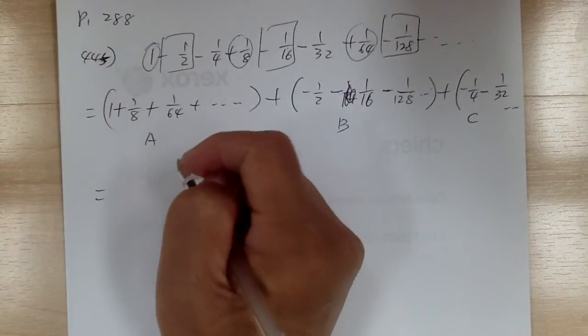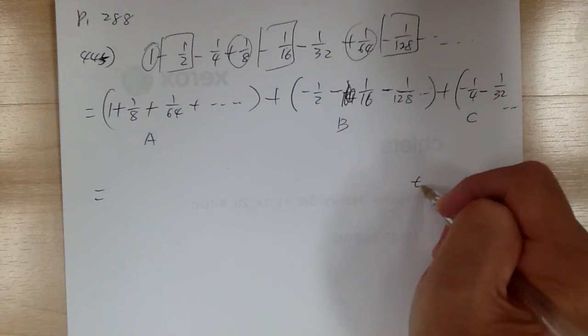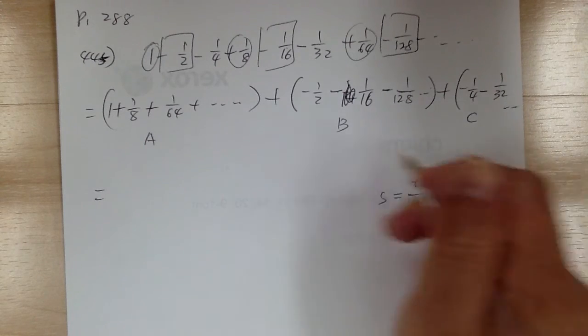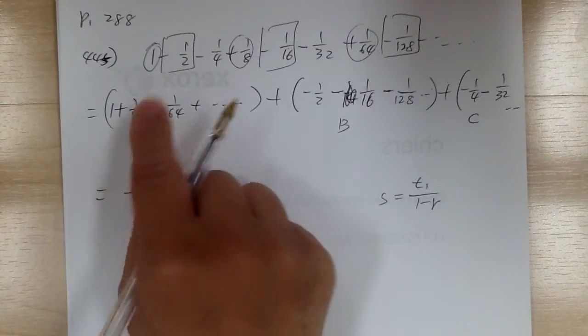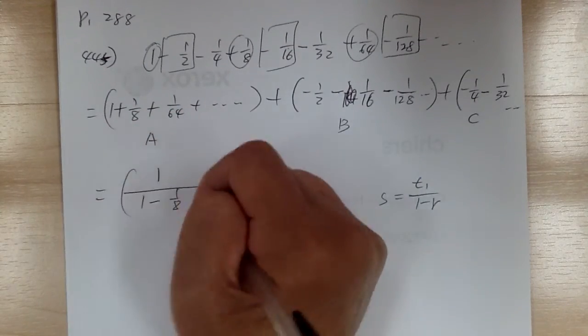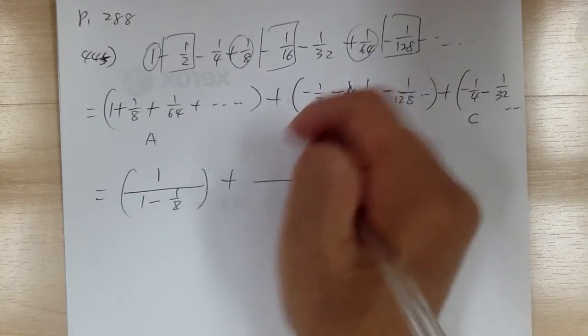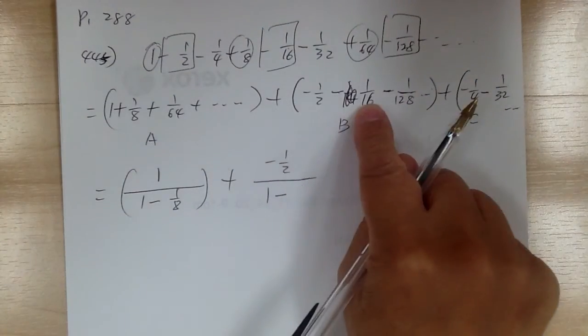So this is equal to an infinite series. Again, your formula is the sum of an infinite series is T1 over 1 minus R. So for this one, T1 would be 1 over 1 minus R, where R is 1 over 8. That's the first series. Plus this one over here, T1 is negative 1/2 over 1 minus R, R is 1 over 8.